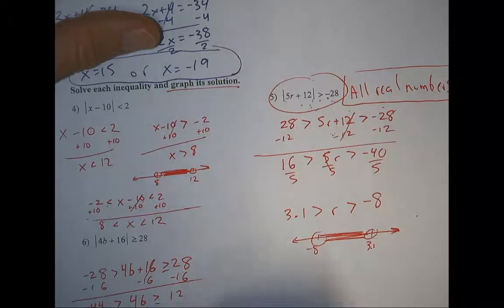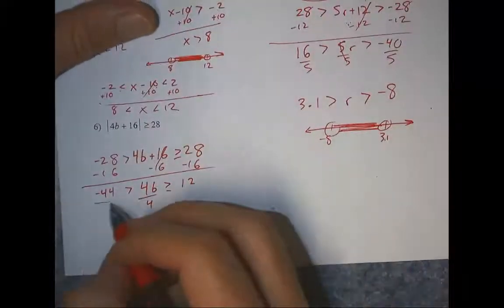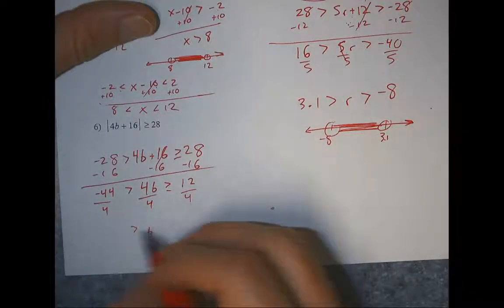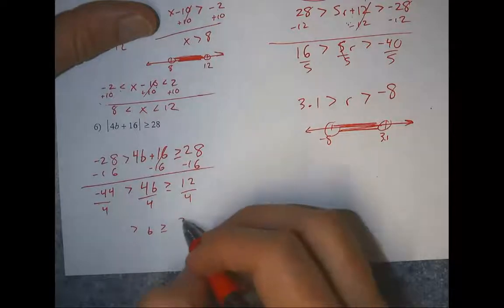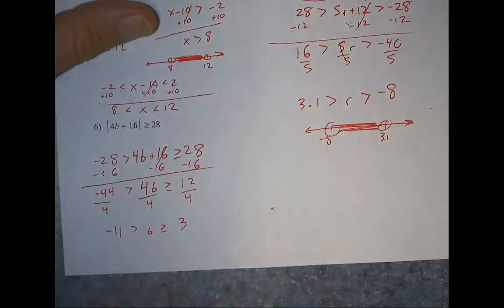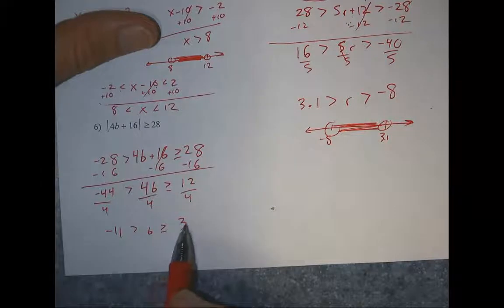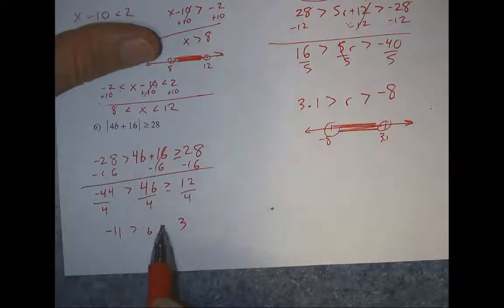And I'm dividing by 4. Not dividing by a negative, so everything stays the same direction. This is 3, and this is negative 11. So b is less than negative 11, greater than 3.